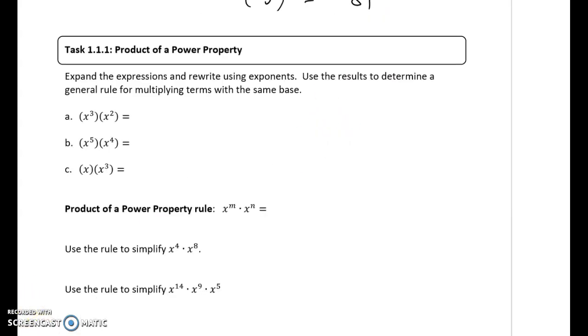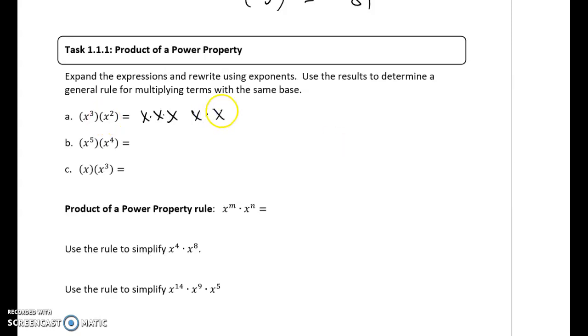Okay, so now we're going to move on to the product of a power property. All right, so it says expand the expressions and rewrite using the exponents. Okay, so use the result to determine a general rule for multiplying terms with the same base. All right, so here we're going to take x cubed and we're going to expand that. So it's going to be x times x times x. And we're going to take that x squared and we're going to expand that.